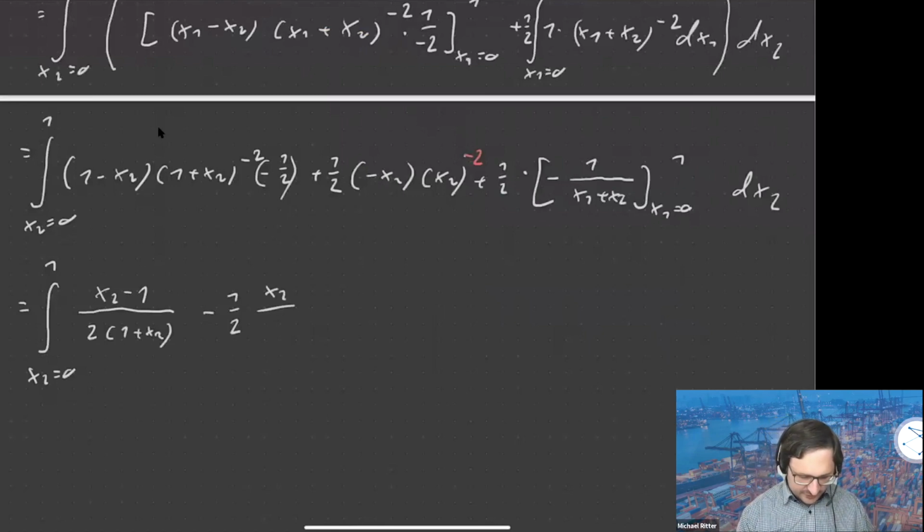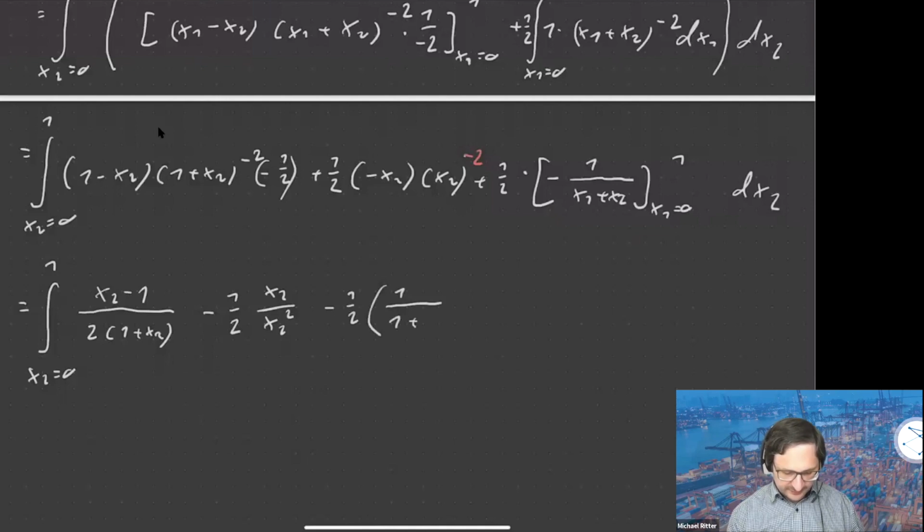Let's write it like this: x2 over x2 squared. Okay, and finally, we get minus 1 over 2, and then we evaluate this expression here at the boundaries. So upper bound is again 1. I took out the minus already, so I don't have to worry about that. And then I get 1 over 1 plus x2. And then minus 1 over x2. dx2.